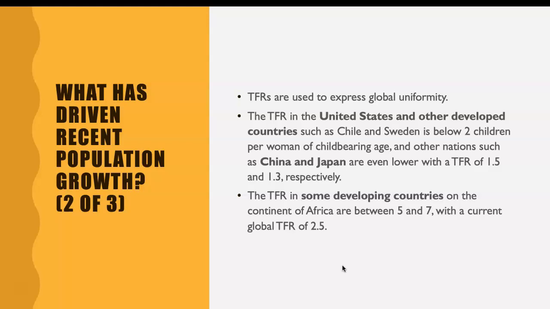And China and Japan are even lower, with a TFR of 1.5 and 1.3. That will lead to the aging of the populations, and we're going to talk about that later. And the TFR in some developing countries is still very high. In some countries in Africa, that means they will have rapid growth of populations.